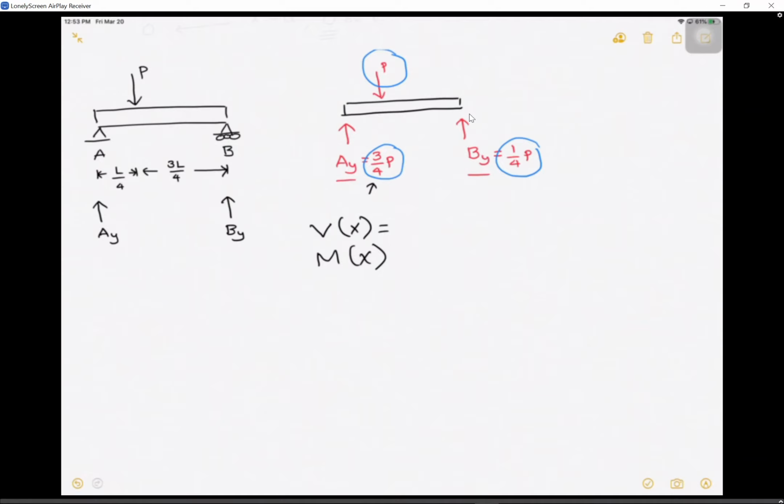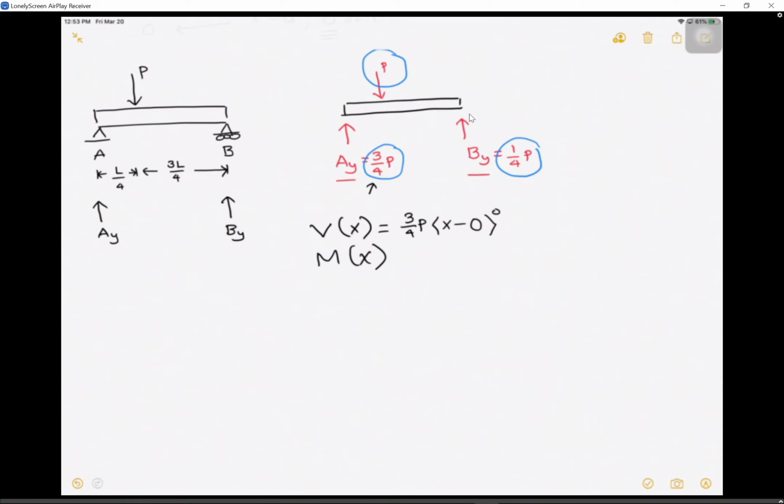Now we have 3 over 4 P. Sorry, the distance is not 1/4 L, it's 0 because we are talking about AY. So 3 over 4 P, and then we have our singularity function x minus 0, raised to 0.